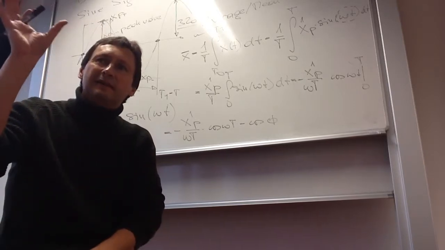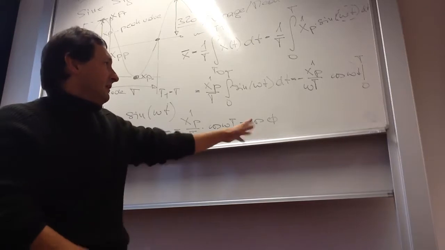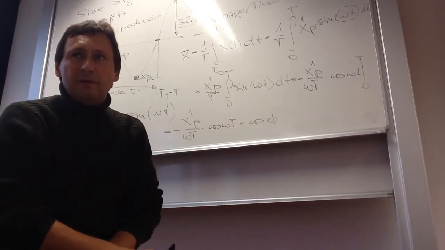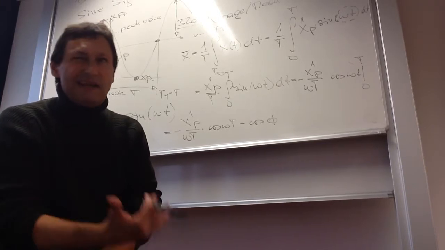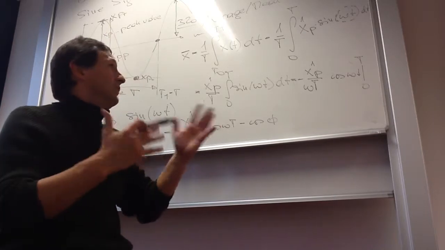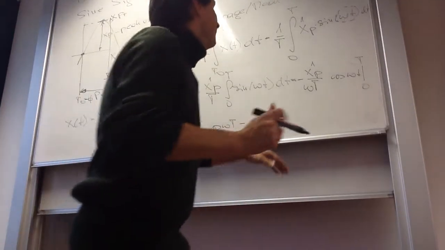Normally we get an angle as an argument. Is this an angle, or what is omega t? Omega is the angular frequency. And frequency is always related to period. So we have to think about that.